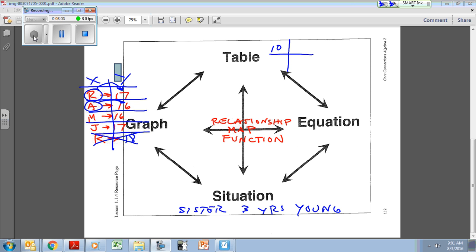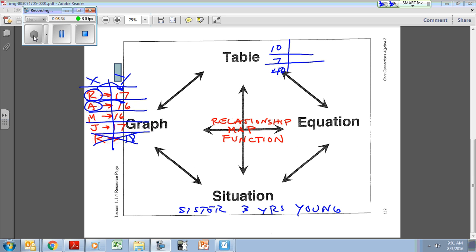If I'm 7, how old is my little sister? If I am, let's make me 40. How old is my little sister? For those of you who are not good at math, hopefully you are feeling like, yeah, this is easy. And not only is it easy, but it actually is important. You're going to need to produce one of these, and it's just that easy if you know the situation.